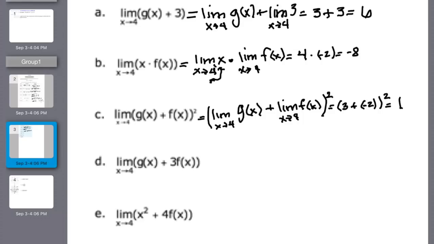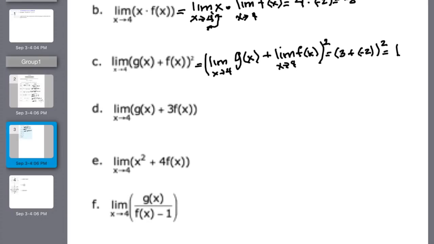Let me swap pages. I am going to do F, and then I'm going to leave D and E for you guys to do on your own. Okay, so F, one of the rules says that I can take the limit of the top. That's my quotient rule. Limit of the bottom. And because the limit of the bottom is in fact a difference, I can split that up too.